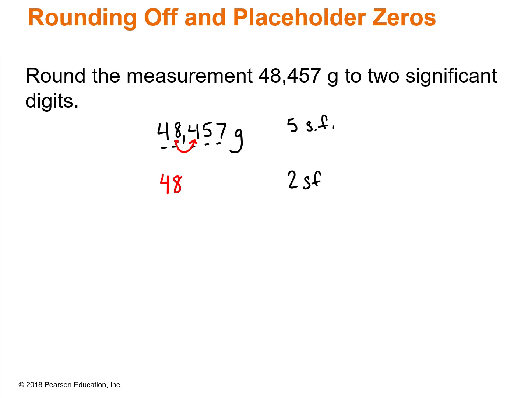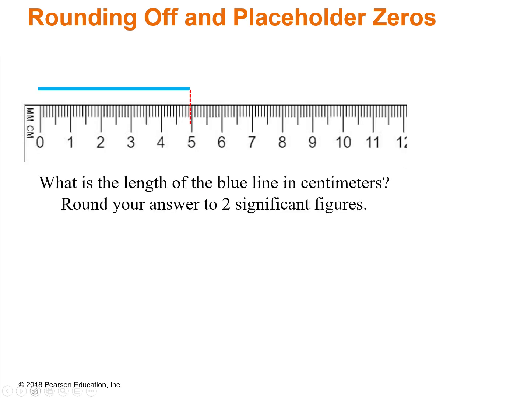But 48, very different from 48,000 something. We need some placeholder zeros. Let's do some more practice.